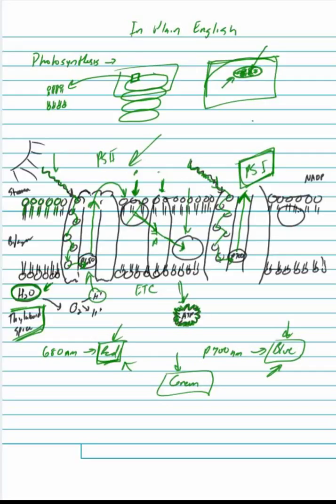Now, as your PLINKO ball starts to drop, boom, boom, boom, boom, boom, boom, boom, back down the second stage of the electron transport chain, your PLINKO ball hits, boom, and this forms NADPH.